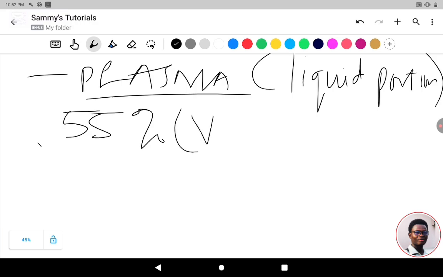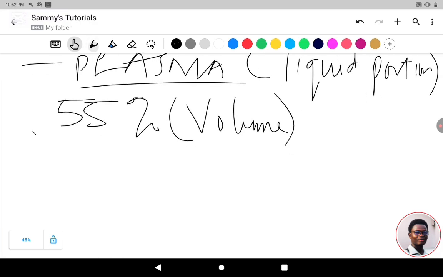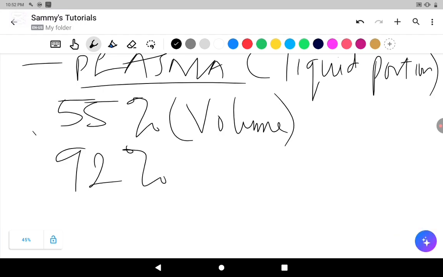Let me write it out so that you will not be confused. Follow me closely. It's made up of 55% volume of the whole blood. Now, out of this, about 92%, take note of the data, 92% is water in the plasma.